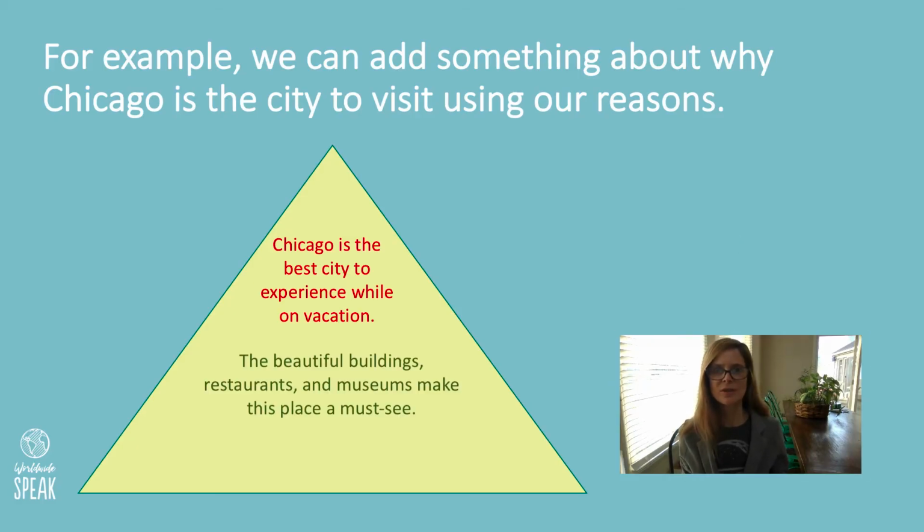You could say something like, the beautiful buildings, restaurants, and museums make this place a must-see. You've given a little more information about your specific topic, which is visiting Chicago on vacation, and you've created another sentence, but you've said it in a little bit different way, which makes it more interesting for the reader.